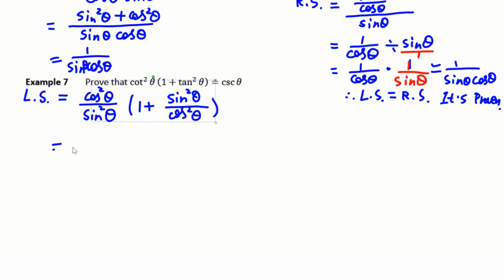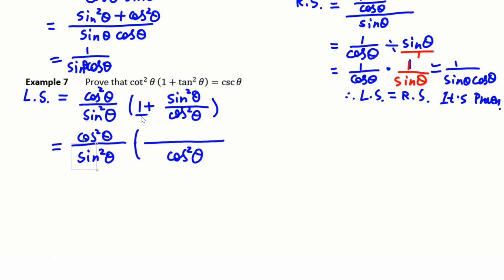Then we continue: change the addition to the same denominator, cosine squared. Change the 1 to cosine squared over cosine squared. Once we have the same denominator, we could add the numerators on top.